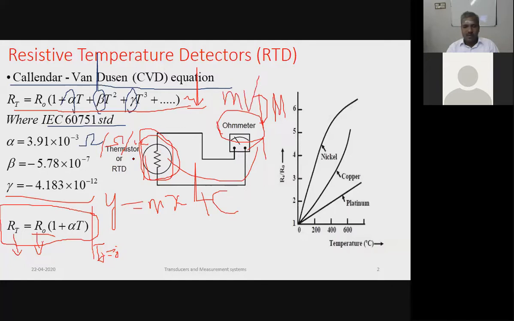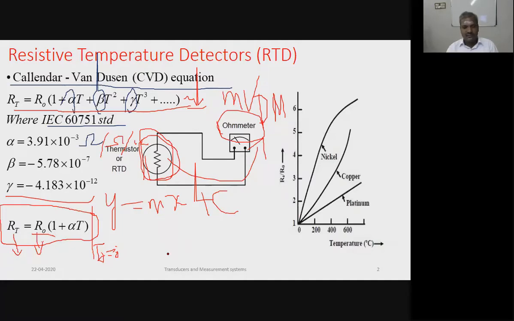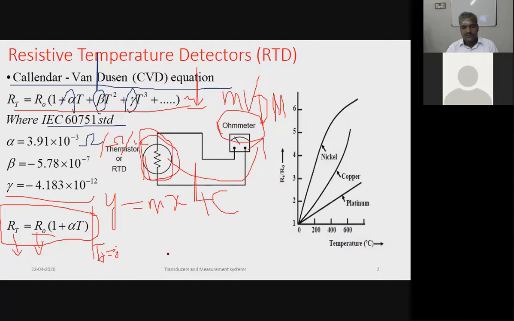So thermocouple gives millivolt, while thermistor and RTD give ohm output, so you have to use an ohm meter to measure the output of these two. Keep that in your mind. So these are the various characteristics of metals.